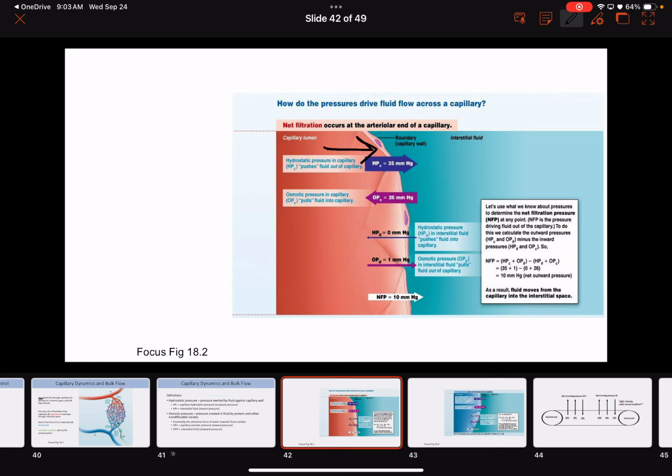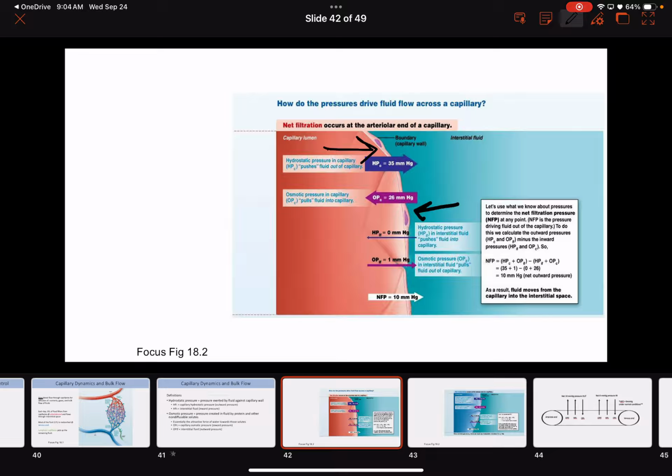Now, for hydrostatic pressure of the interstitial fluid, which is here, you can see it's 0 here, that is how much pressure the interstitial fluid is applying to the outside of the wall. That is very low. The reason for that is the blood flowing through the capillaries is being directed by our heart and by the smooth muscle of our artery. So it's moving at a very fast pace in one single direction, and so it is applying pressure inside that blood vessel.